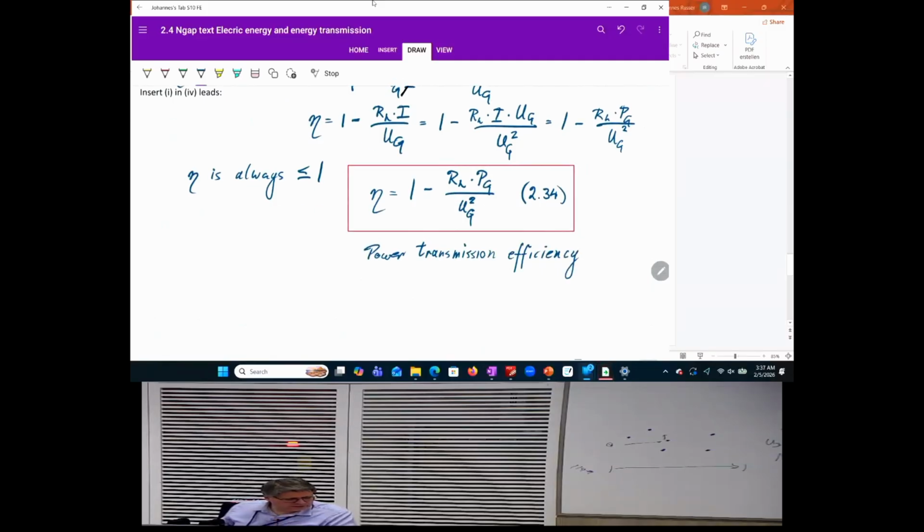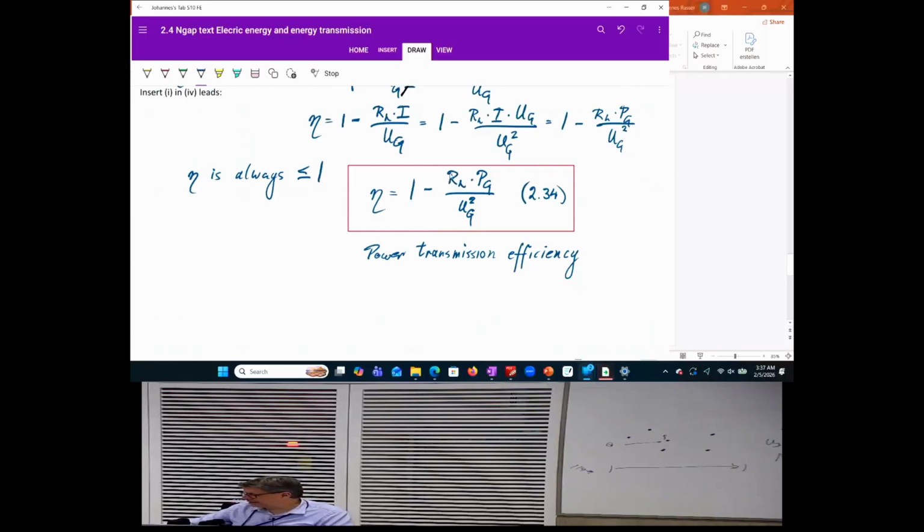And now, by writing it in this form, you can see what is beneficial. If you want to maximize your power efficiency, you want to get your eta as close to 1 as possible. So that means this second term should be as small as possible. And how do you minimize it? Of course, it is very good if you can reduce the resistance of the line.